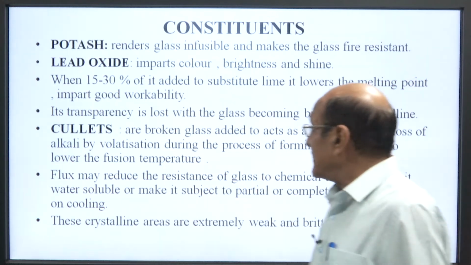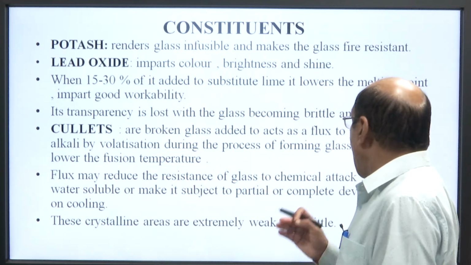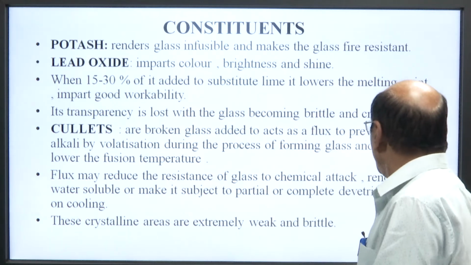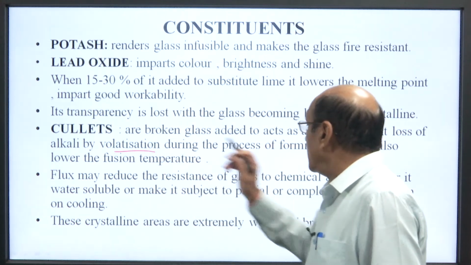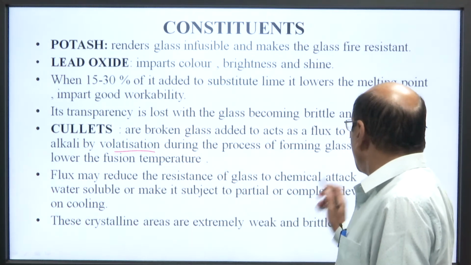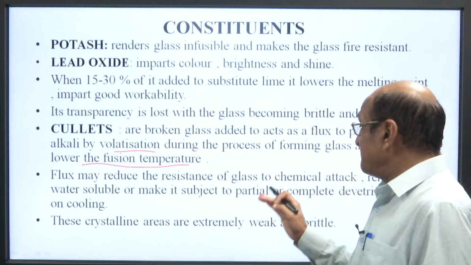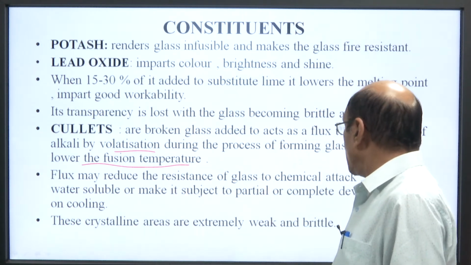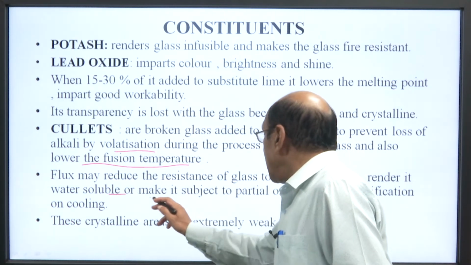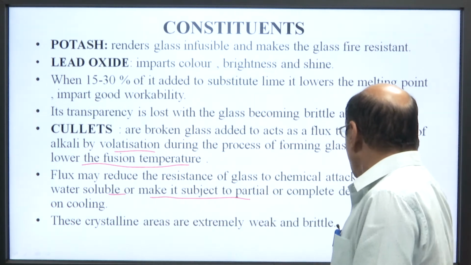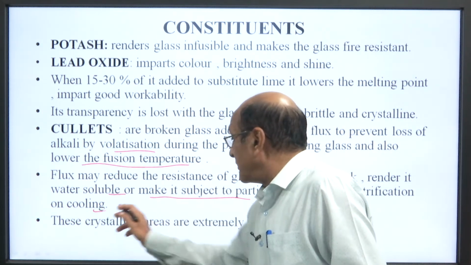The next ingredient is cullets, which are broken glass added to act as a flux to prevent loss of alkali by volatilization during the process of forming glass, and also lower the fusion temperature. Flux may reduce the resistance of glass to chemical attack, render it water soluble, and make it subject to partial or complete devitrification on cooling.